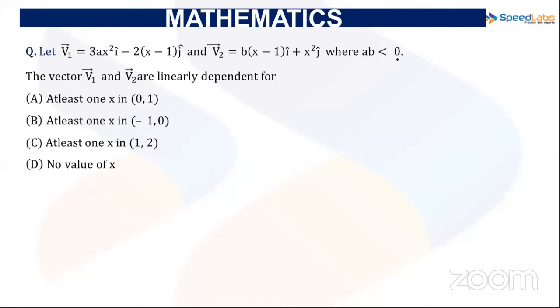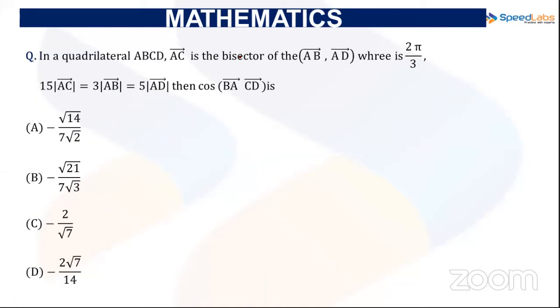Okay, this question. All of you attempt this question. In a quadrilateral ABCD, AC is the bisector of AB and AD, where the angle between AB and AD is 2 pi by 3, and this condition is given to you: 15 AC is equal to 3 AB equal to 5 AD.